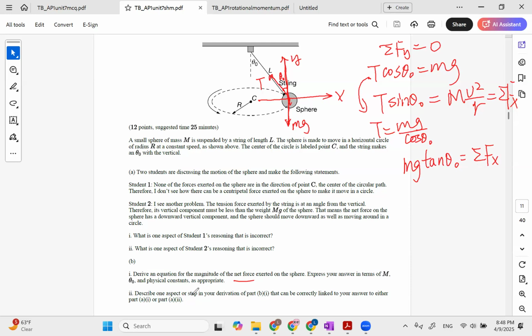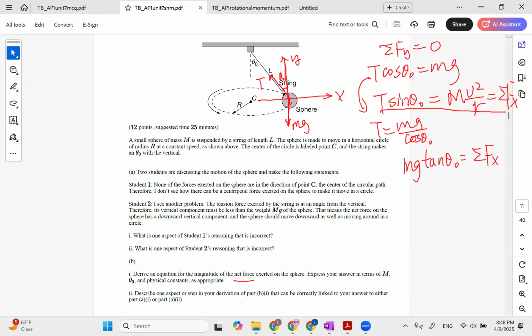So how do you describe one aspect or step in your equations, in your derivation here, linking to your answer in either A1 and A2? You can link, right? So the net force in the horizontal direction is the horizontal component of the tension.